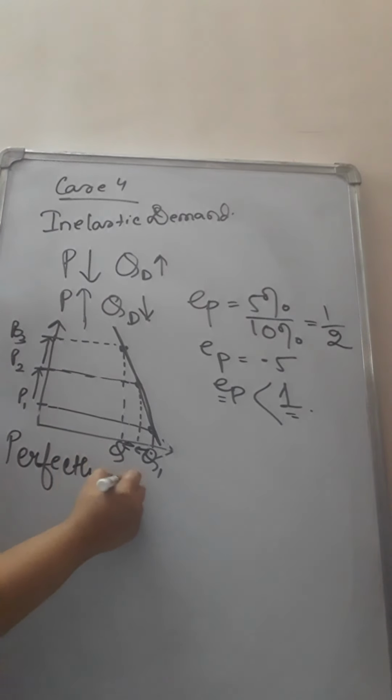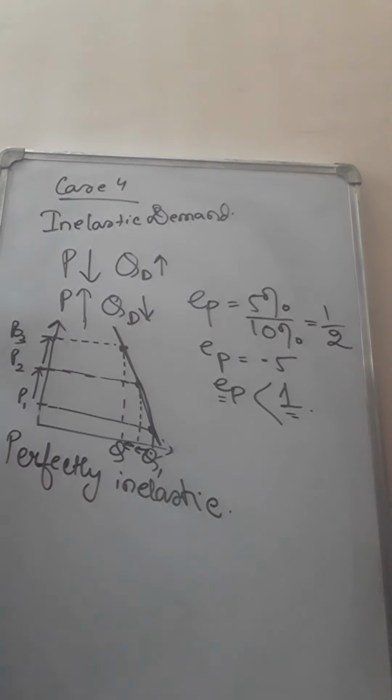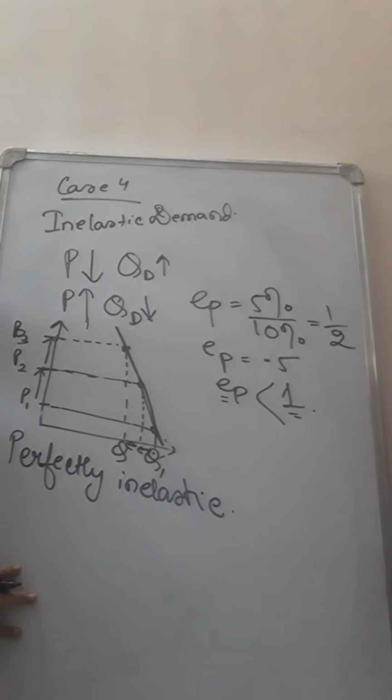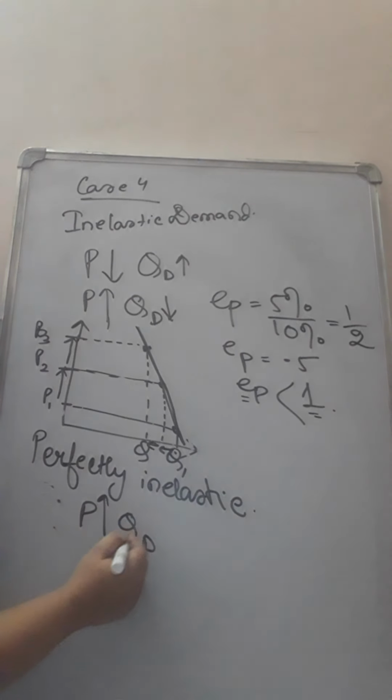Now the last case is perfectly inelastic. That means the demand does not change at all, even if price changes. So this is perfectly inelastic. Demand is not changing at all. So if the price increases, the demand should go down, but it is remaining the same as before. And if the price decreases, demand should go up, but it is remaining the same as before.